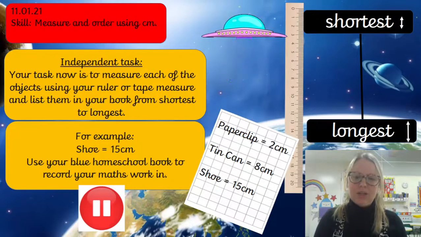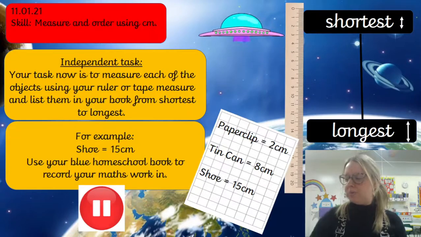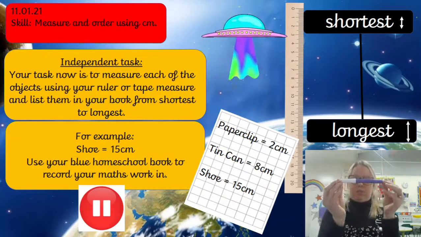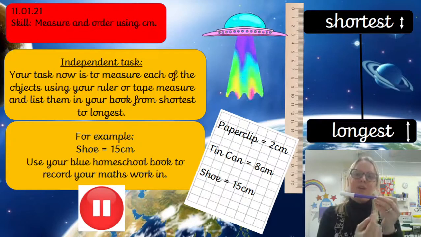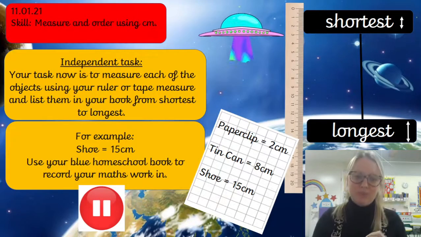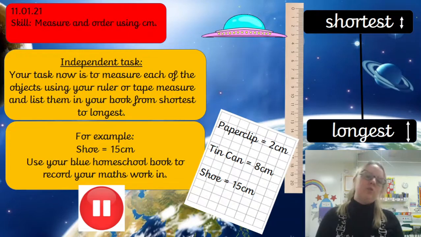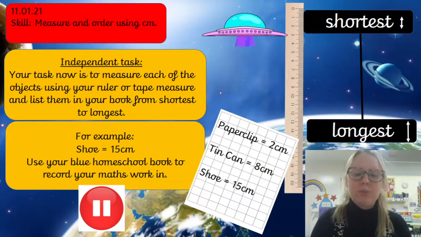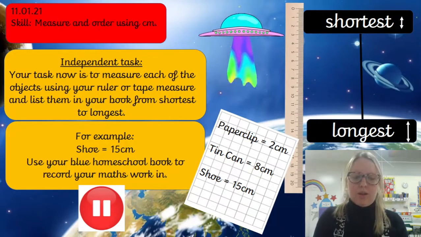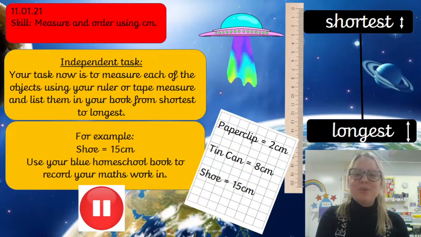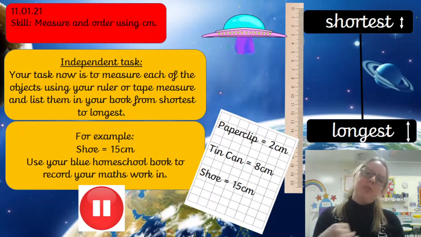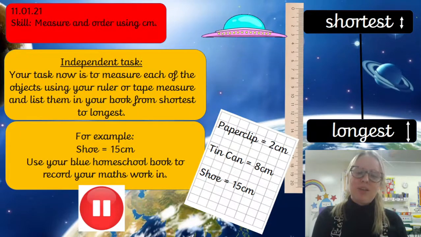Okay, so for example, if I was measuring my pen, I would write in my book pen, and then I would write the measurement next to it. Okay, so you need to use your blue homeschool book to record your maths work in. Make sure that you're writing them in order from shortest to longest, just how you've laid out your objects. Okay, pause the video now to do that.